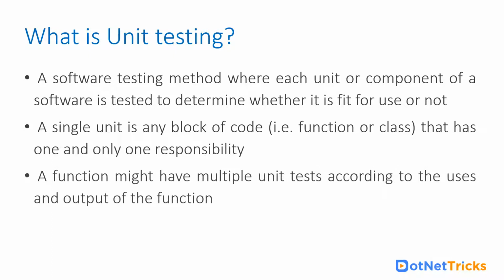A function can have multiple unit test cases based upon the dependencies it has, because sometimes a method can return different outputs based upon the input you are passing. So based upon the different outputs, you can have multiple unit test cases.